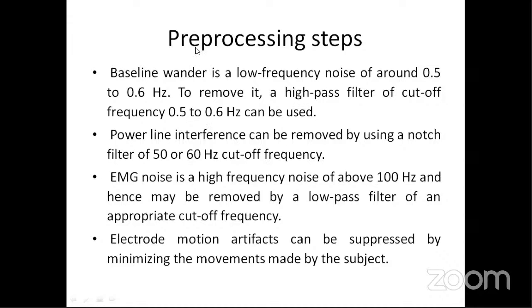So baseline wandering can be easily removed with a high pass filter with cutoff frequency 0.5 to 0.6. Why did we select 0.5 to 0.6? Because the noise due to breathing is about 0.5 to 0.6 hertz.